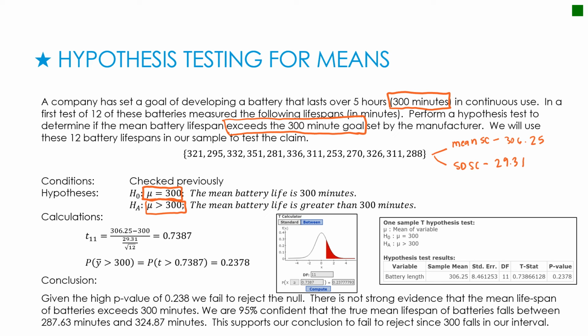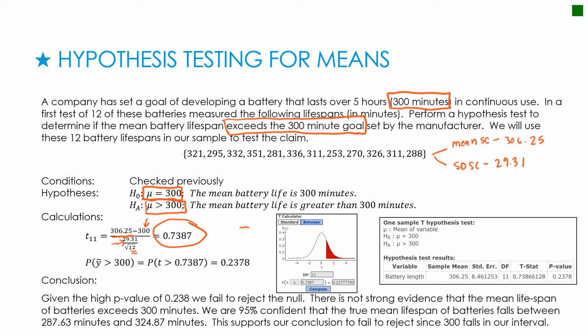And that's all I did, is use those values down here. So I did 306.25 and 29.31. 12 comes from the fact that there were 12 batteries, so that's n. And remember, this value is always whatever my hypothesized value is, in this case 300. I do all of that in my calculator, and I come up with 0.7387.